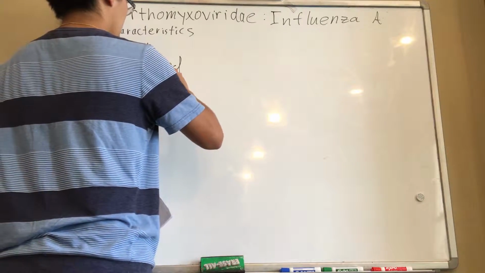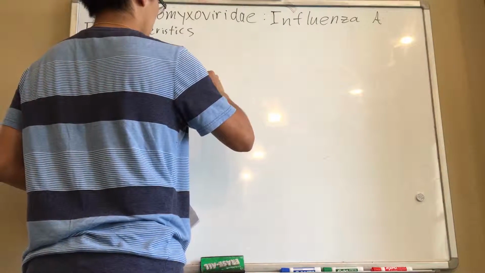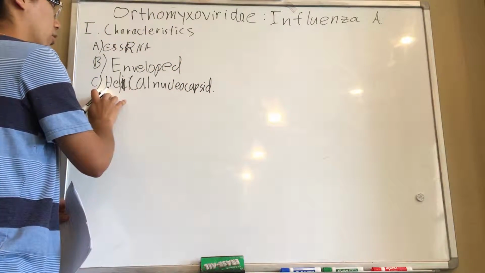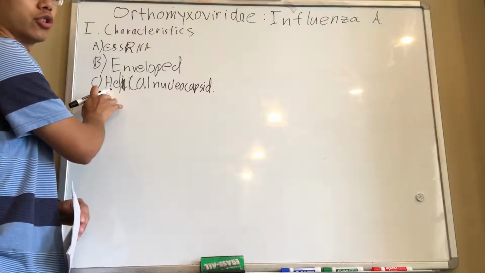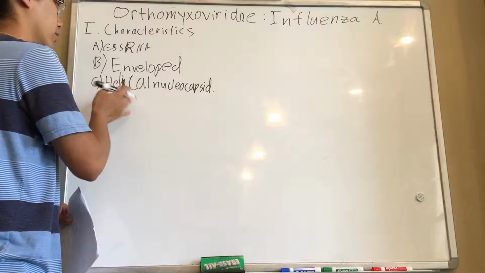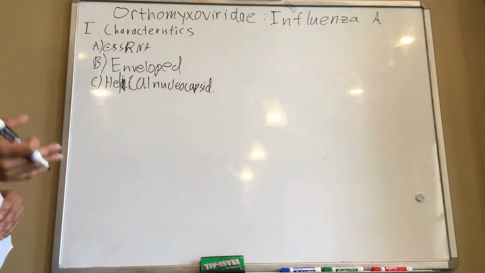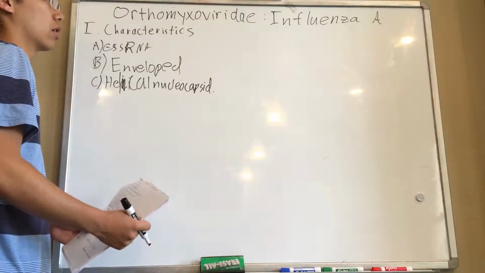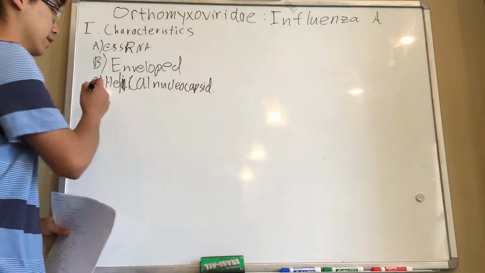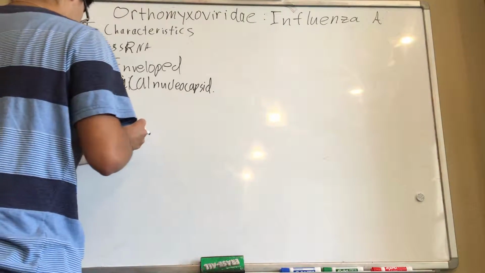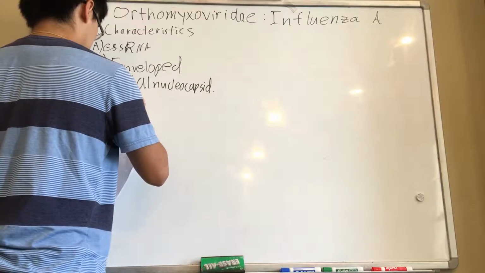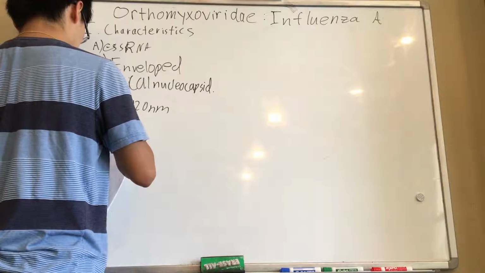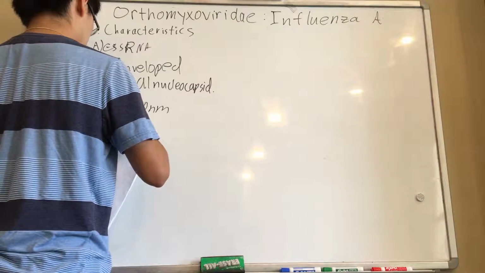The helical nucleocapsid makes it very similar to Rhabdoviridae and Paramyxoviridae. The three have helical nucleocapsids, but they're differentiated by their lifestyle. Flu is 80 to 120 nanometers, so pretty small. It's spherical.